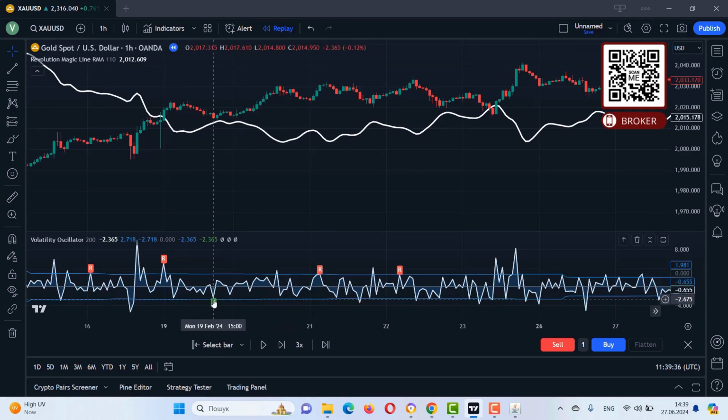Here, a buy signal, but we do not open a trade because although the price is higher, it is close enough. That's why we miss such signals. Yes, here we have a higher price than the indicator line, although the indicator shows a sell signal, but we also miss it.